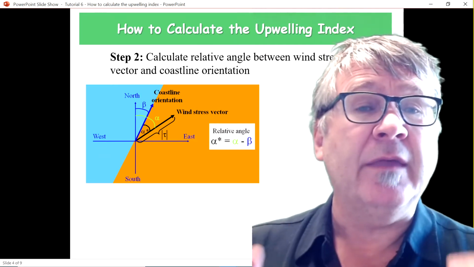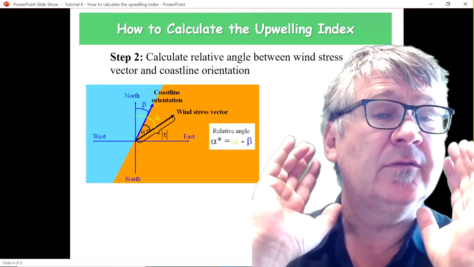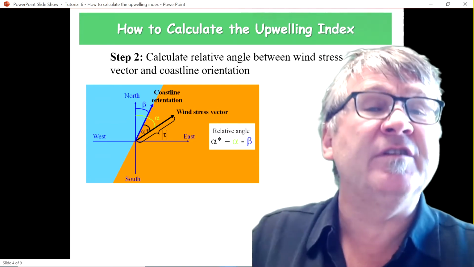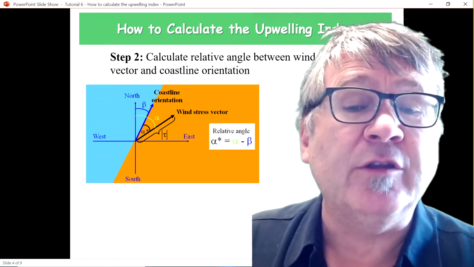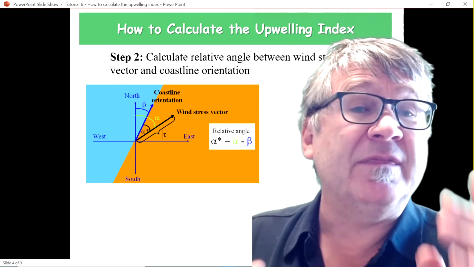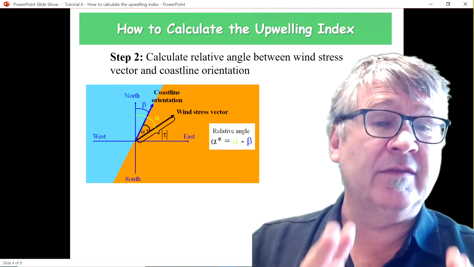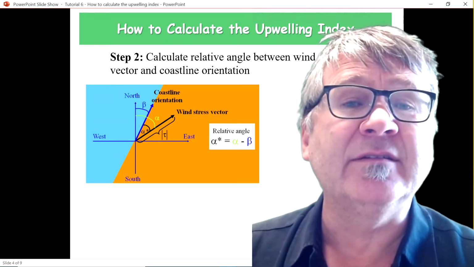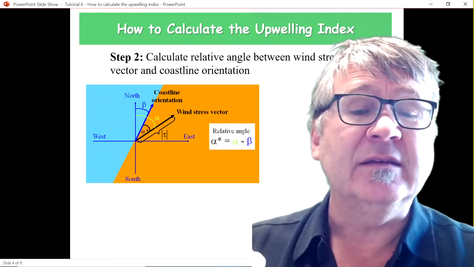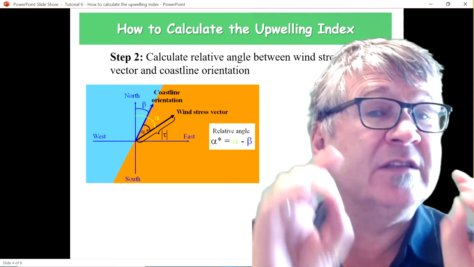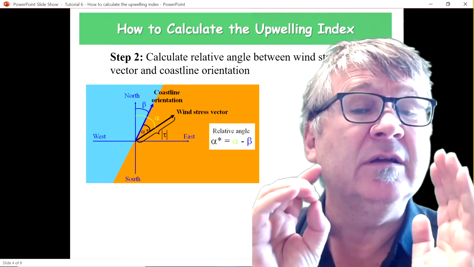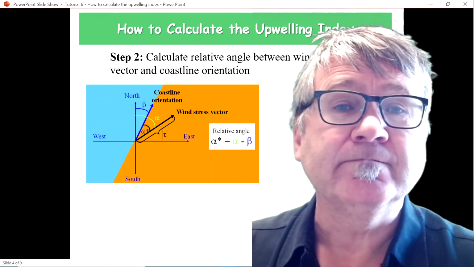Okay? And this relative angle is also in radians, okay? And it varies between 0 and 2 pi, but the 0 is the case when the wind stress is aligned, parallel to the coastline orientation.